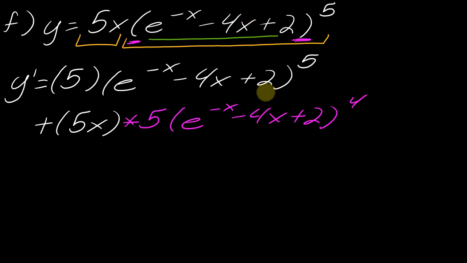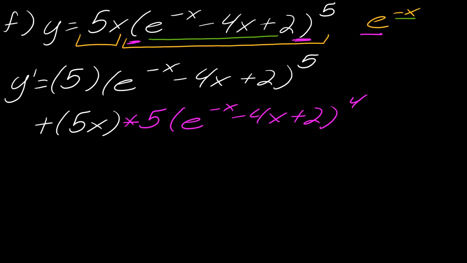Now, when you take the derivative of this piece here, this requires the chain rule again. So e to the negative x. Remember, we have the derivative for e to the x, not e to the negative x. So in this particular little piece, this is the outermost function, this is the innermost function.